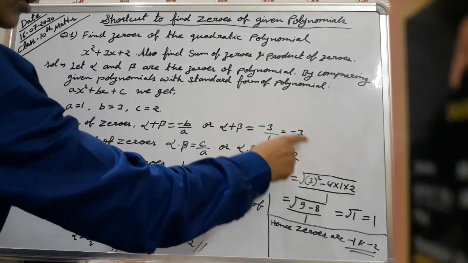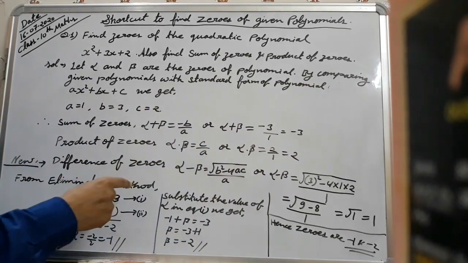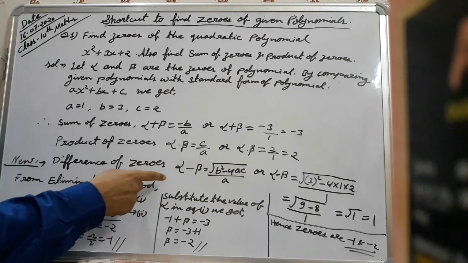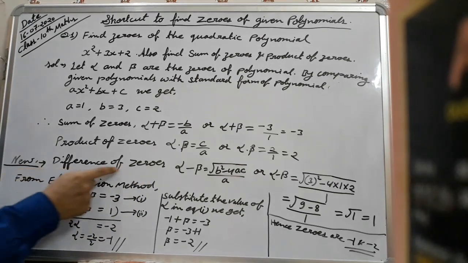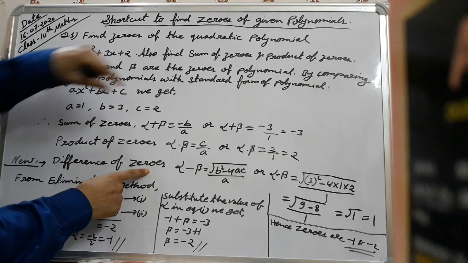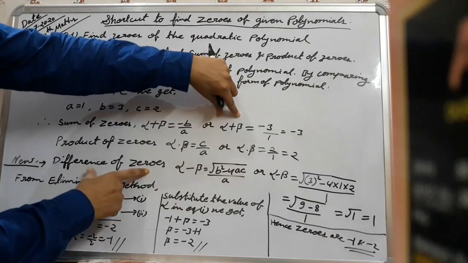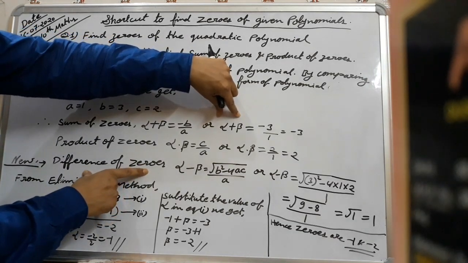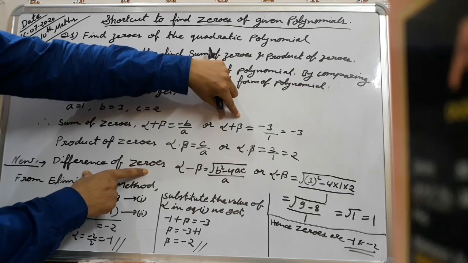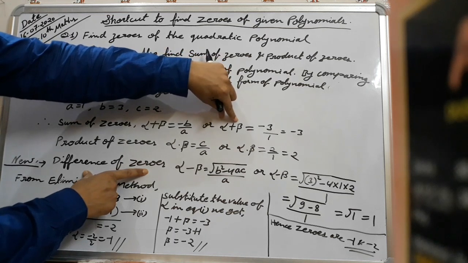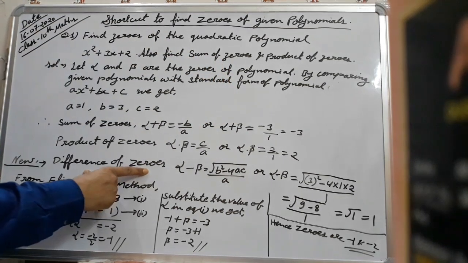These are written in your book, but the new thing I am going to explain here is the difference of zeros. If you get the sum of zeros and the difference of zeros, then by elimination method you can find the values of alpha and beta easily. So what is the new method?